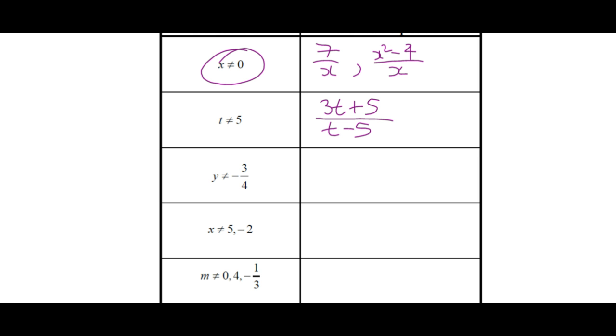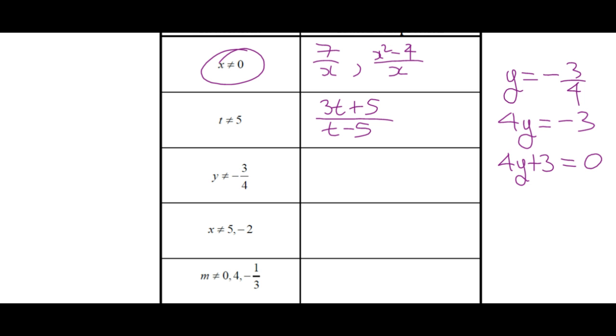Well, let's do the next one. How do I do y cannot equal -3/4? So here's what I do. I say I want y to be -3/4. Which means that 4y is equal to -3, which means that 4y plus 3 is equal to 0.